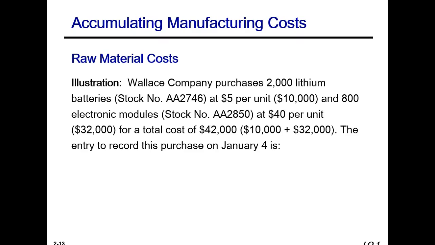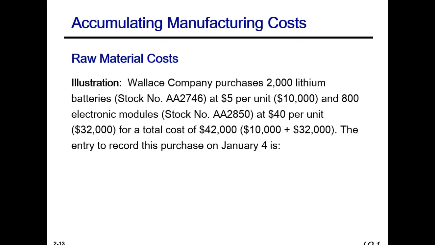Wallace Company purchases 2,000 lithium batteries at $5 per unit and 800 electronic modules at $40 per unit for a total cost of $42,000. So this is just purchasing raw materials. That's all we're doing.